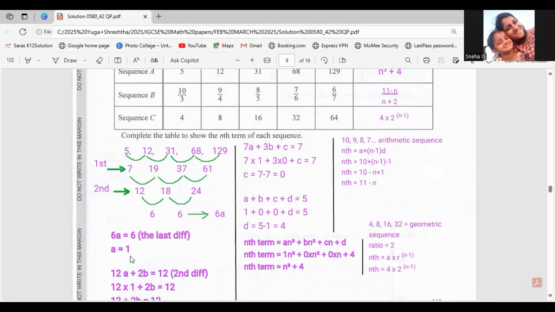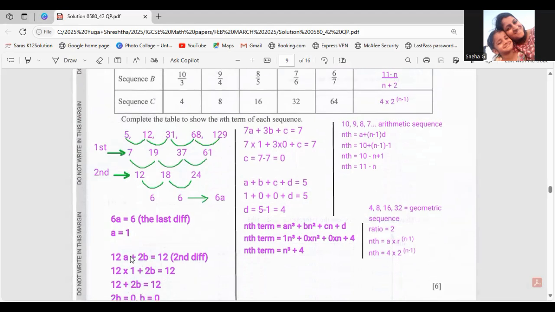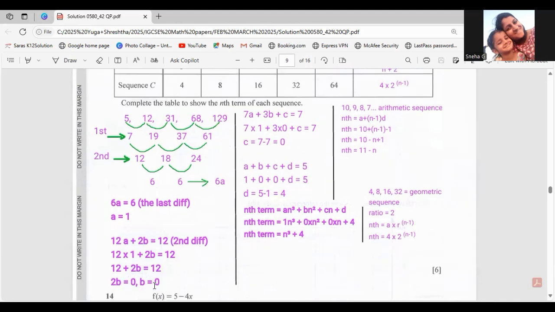Then we use the formula to solve the second difference. The second difference is 12, so 12a plus 2b is equal to 12. Now a value we have obtained as 1, so 12 into 1 plus 2b is equal to 12. On solving, we get b is equal to 0.